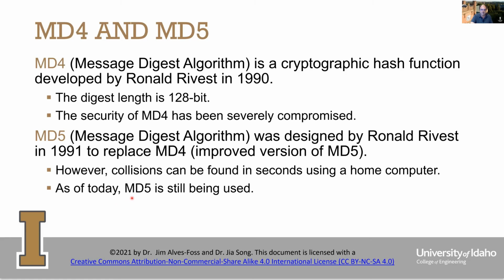People still use MD5 because it is good for making sure there are no accidental errors. So if I want to download a program from a web repository somewhere, often they'll have the MD5 hash for that file. So I check to make sure what I downloaded to my computer is exactly the same as what they said it was. And I'll show you how to do this next lecture.